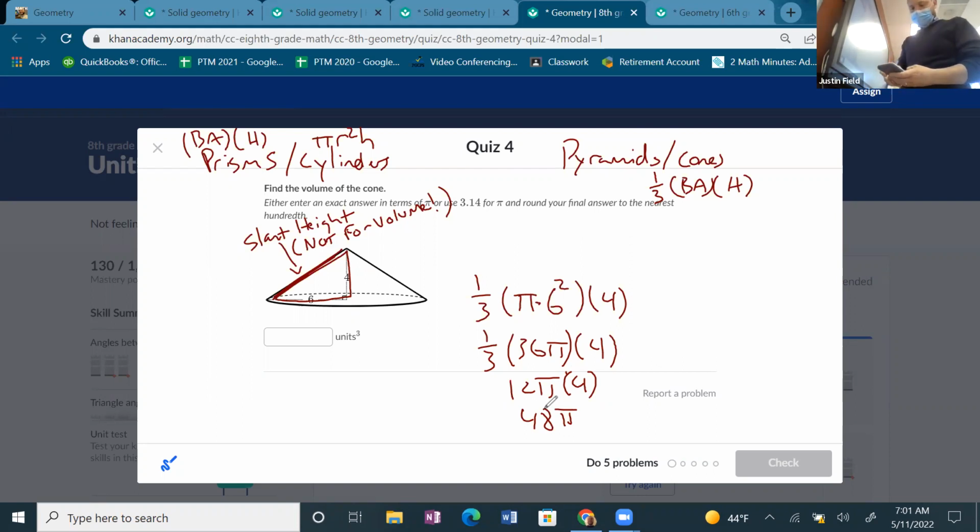If I wanted to find the approximate answer, I can multiply that together times 3.14159. It's like 150.8.